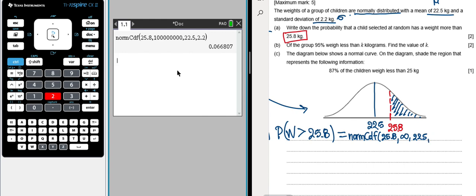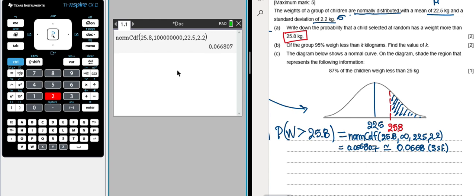I forgot the standard deviation, which is 2.2. Then a good idea would have been to write down the complete answer that you have on your calculator, so the 0.066807, and then the approximation. Remember, zeros at the front do not count as significant figures, so 0.0668 should be the correct answer, rounded to three significant figures. I don't need that bracket. Let's just correct that part. Let's correct the 8 too, and then three significant figures in a bracket to provide a little bit of information about the level of rounding.